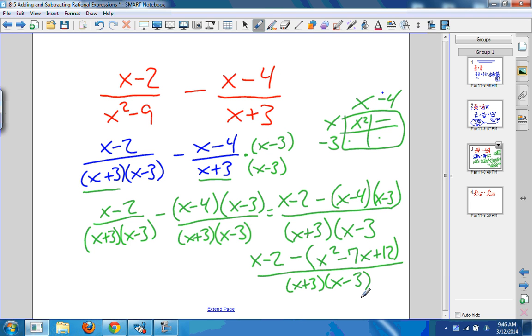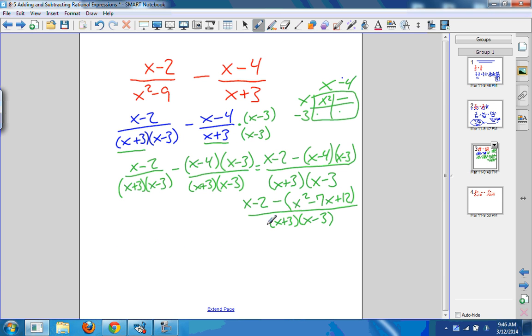Alright, so I need a little more room here. We have x minus 7x, so that's going to give me a negative 8x.